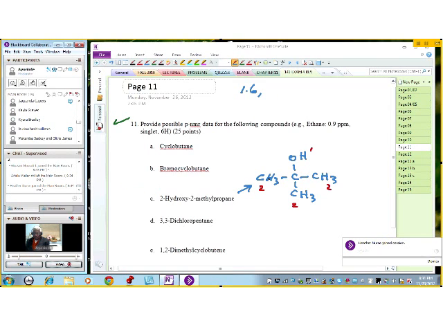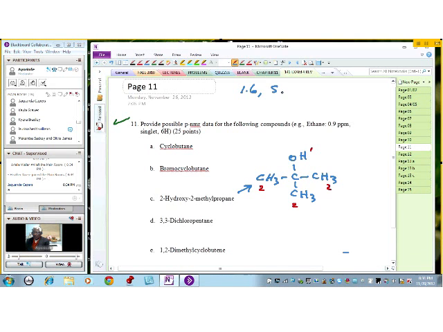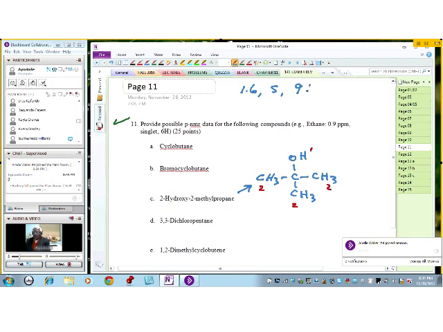Anybody has an idea? Singlet, because there is no hydrogen on this carbon. Okay, singlet. And how many hydrogens? 9. Excellent. So now you have 9 equivalent hydrogen.